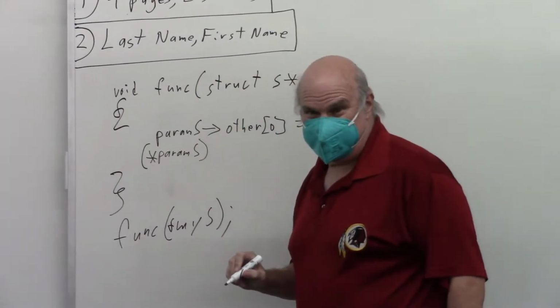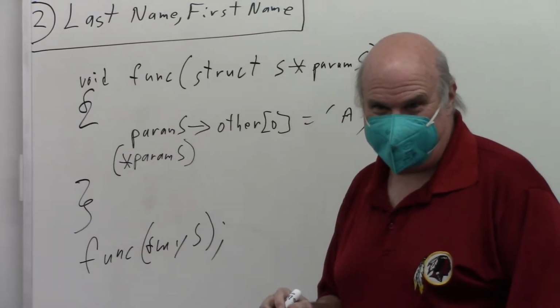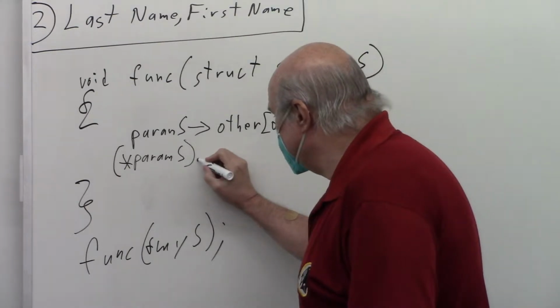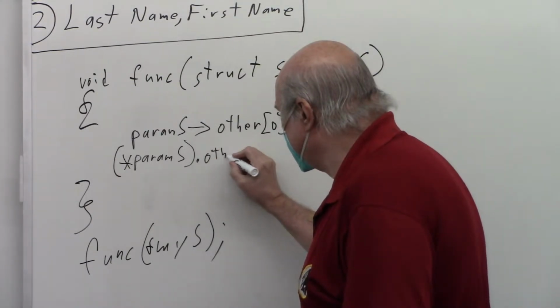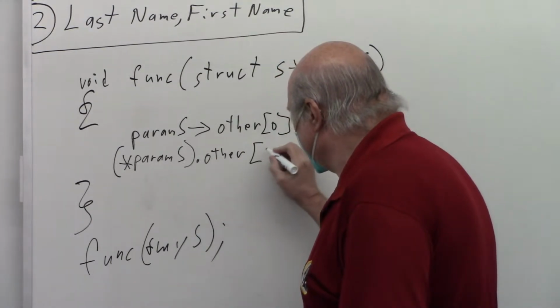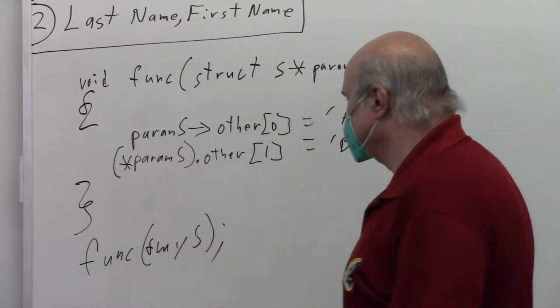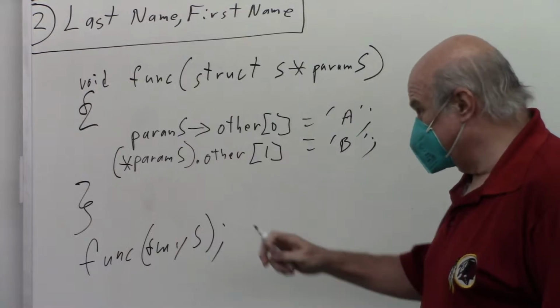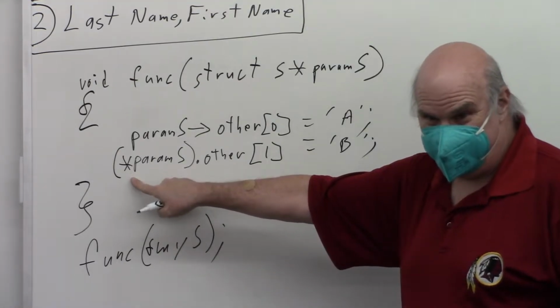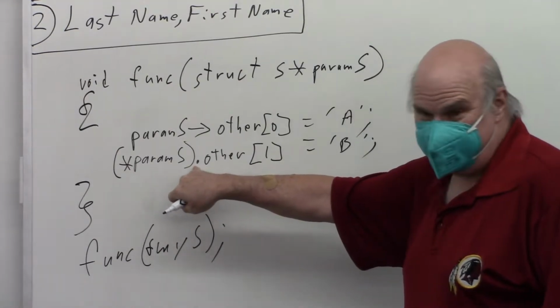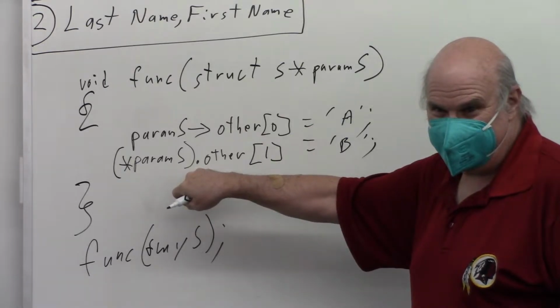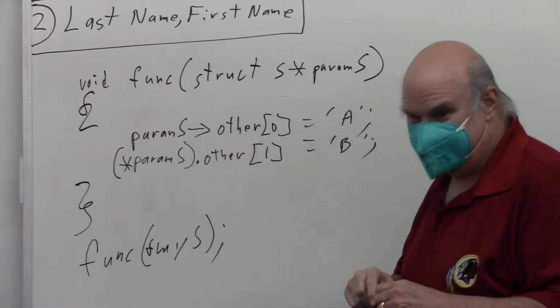Use parentheses just to make sure you're not confusing order of operations. And then period other. You dereference it, and then you use the period operator, the dot operator. Okay.